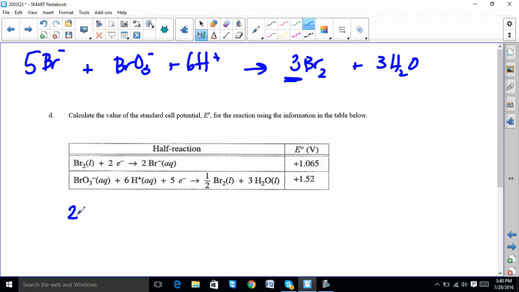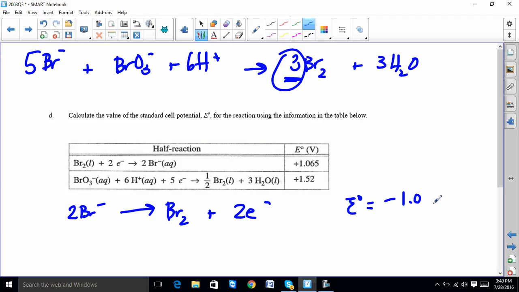So I'm going to go 2 Br minus goes to, sorry, I just said because of this 3 we're going to triple it. Well, I'll just do this. Br2 plus 2 electrons, and then E naught is negative 1.065. I'm just going to try to get these things where they belong. So now the bromine molecule is on the right, and the bromide ion is on the left.